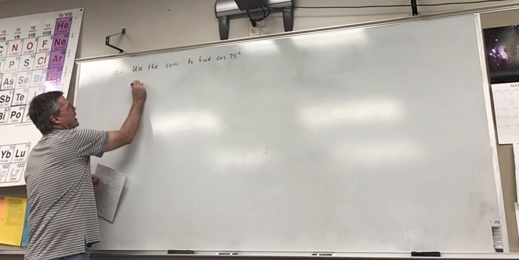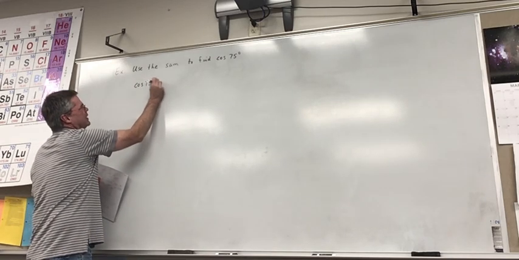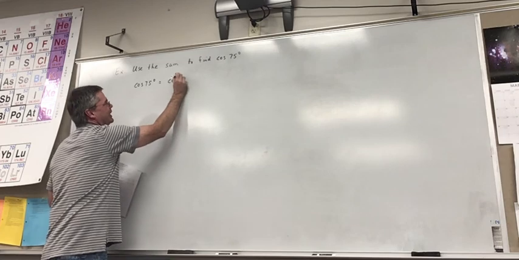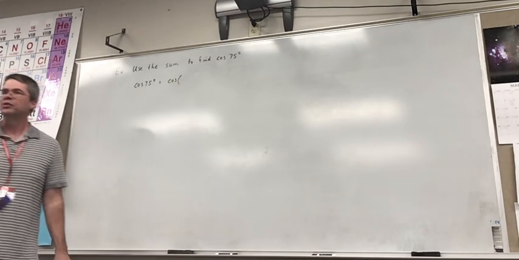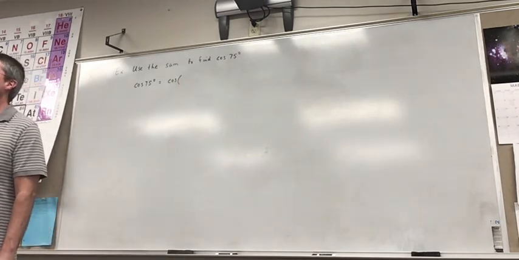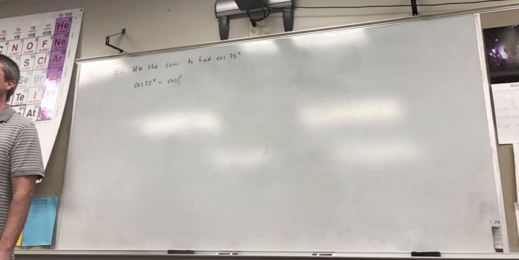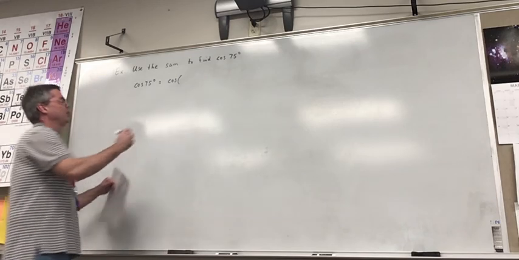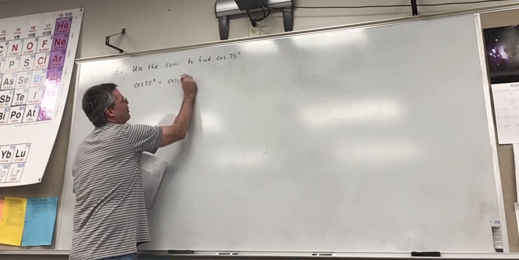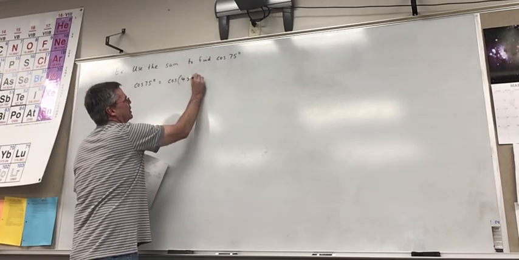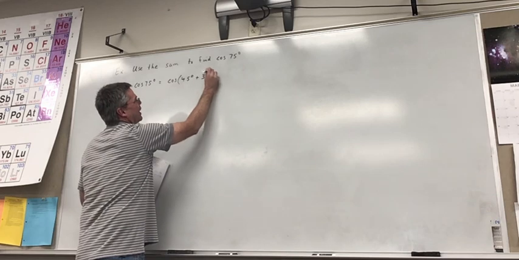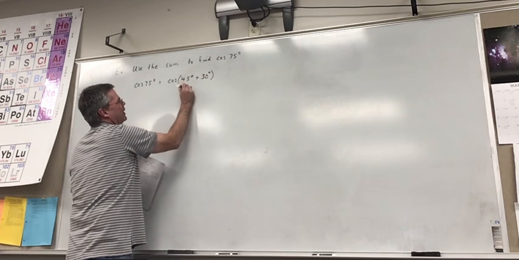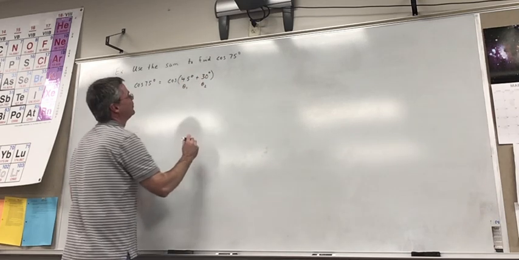So cosine of 75 degrees is equal to the cosine, and I need two numbers on the unit circle that if you add them up, you get 75. All right, 30 and 45, so we'll do 45. Since it's sum, we have to use the plus 30. So this is theta 1 and theta 2.